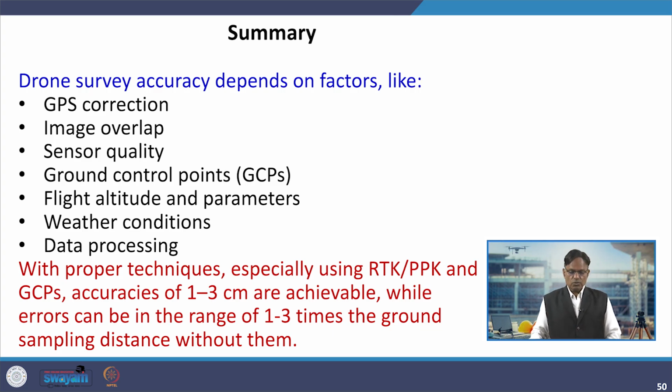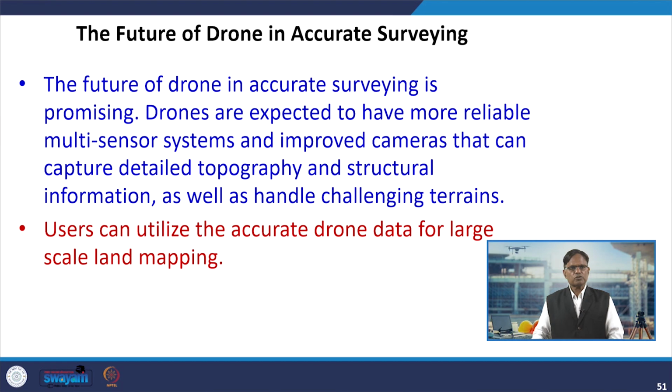Summary: drone survey accuracy depends upon several factors which we have learned: GPS correction, image overlap, quality of the sensor, ground control points, their distribution and number, flight altitude, weather conditions, and the data processing software which we are using. So we can get 1 to 3 centimeter accuracy from RTK and PPK, while the error range may be 1 to 3 times the ground sampling distance.